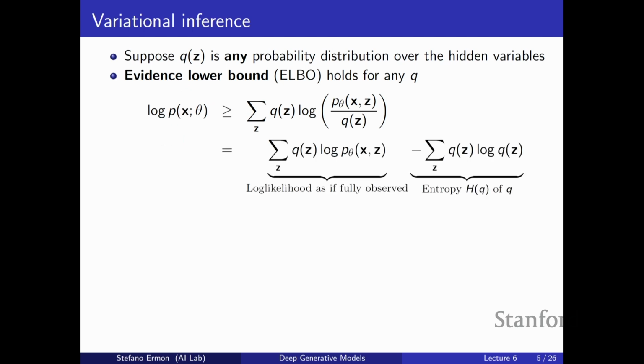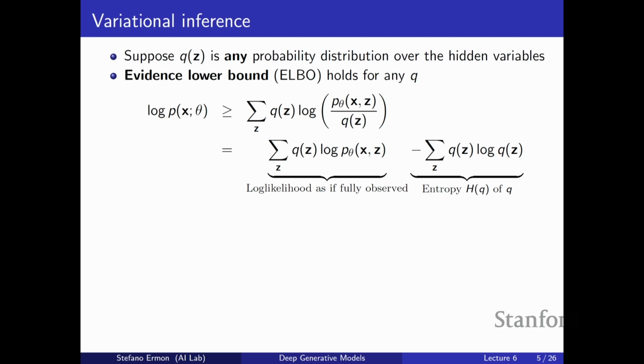You can further decompose that objective into two pieces. The first piece is just the average log probability when both the X part and the Z part are observed, when you infer the Z part using this Q model. It looks a lot like the setting we've seen before, where everything is observed.